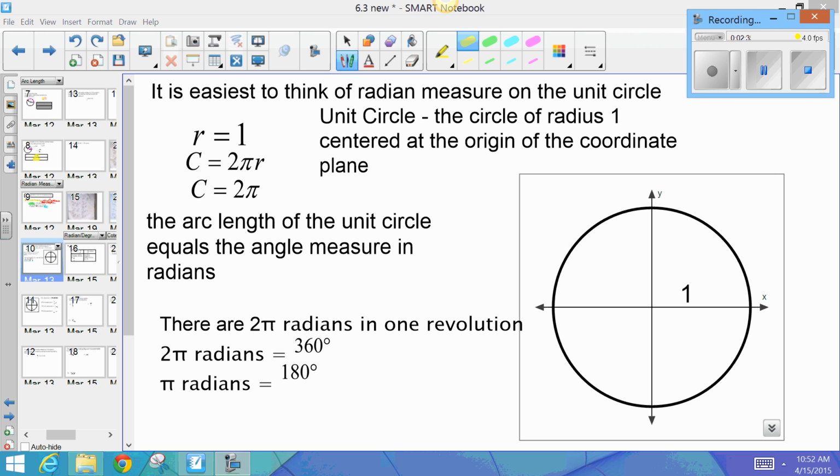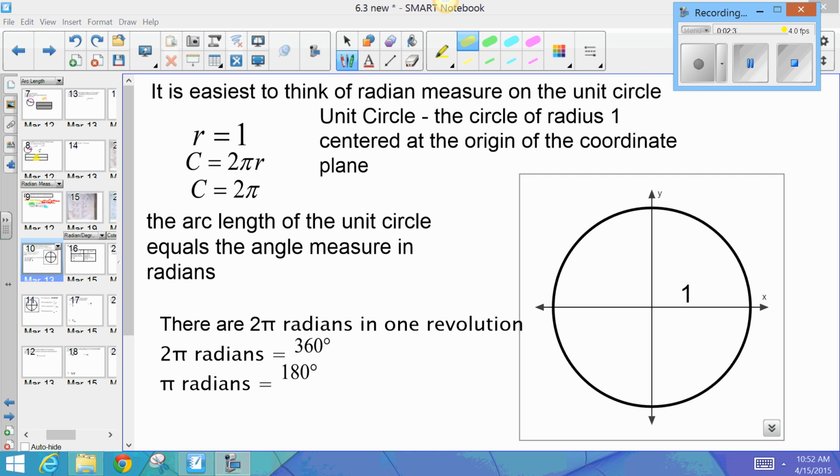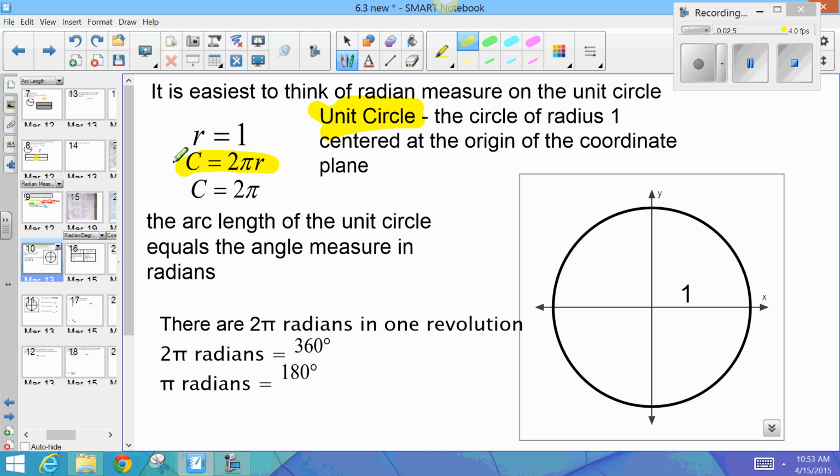The easiest way to consider what radians are is to do so in what's called a unit circle. So we need to know the definition of unit circle. Make sure you get this in your notes. It's a circle that is centered at the origin, and its radius is 1. So here's the formula for circumference of a circle.